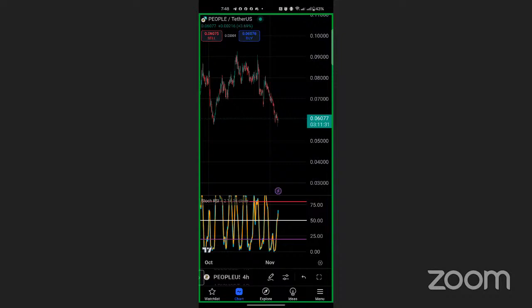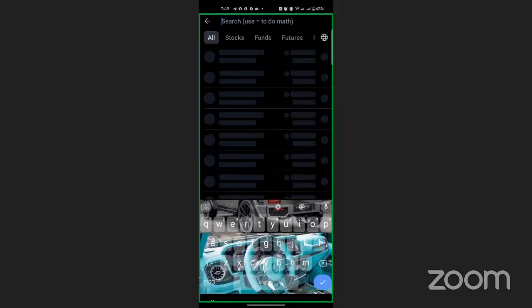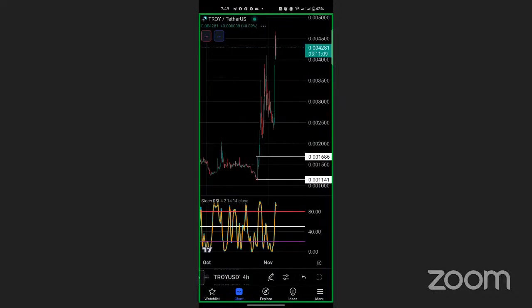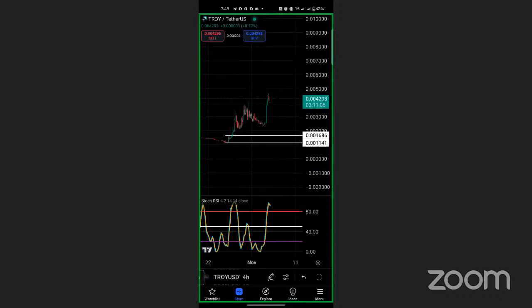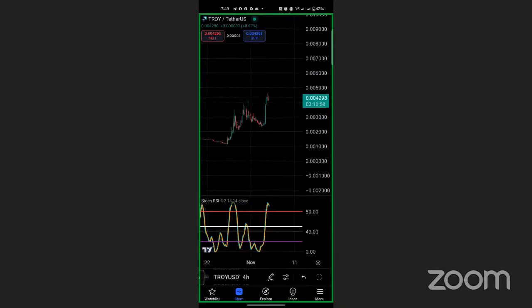When the coin is on a downward trend, we draw our line above the candles. And when the coin is on an uptrend, for example, let me find a coin on an uptrend. When the coin is on an uptrend like here, we draw our lines below the candles.